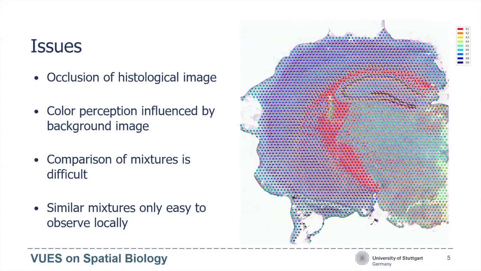Also, the perception of the pie chart colors is influenced by the background image, so that the patterns of the tissue structure interfere with the patterns of the scatter pie chart. Comparing different mixtures is difficult, which is a general drawback of pie charts. And finally, similar mixtures can only be easily found locally, but it's very hard to spot similar mixtures that are spatially further away from each other.